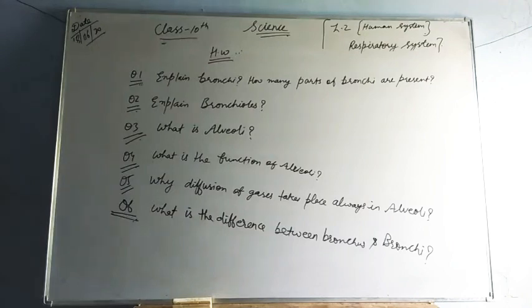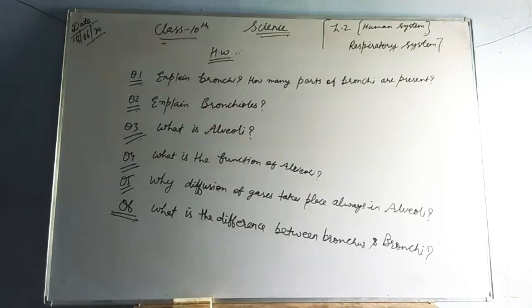Question number 5. Why does diffusion of gases always take place in alveoli? Because in alveoli blood capillaries are present, and in those capillaries blood is flowing. That's why diffusion of gases always takes place in alveoli.